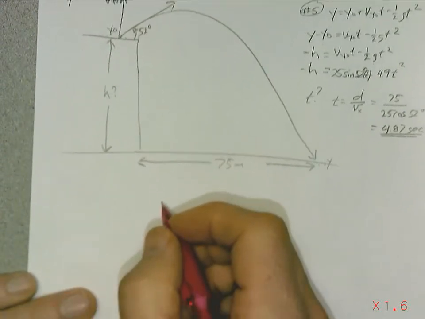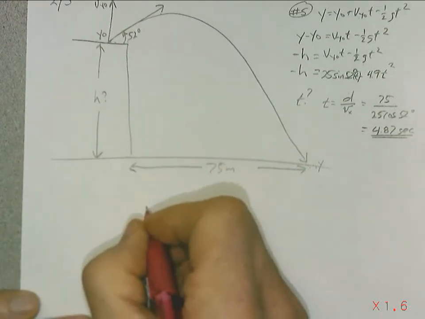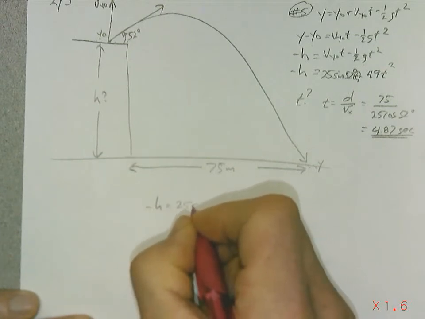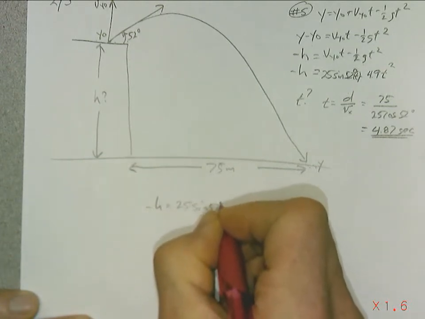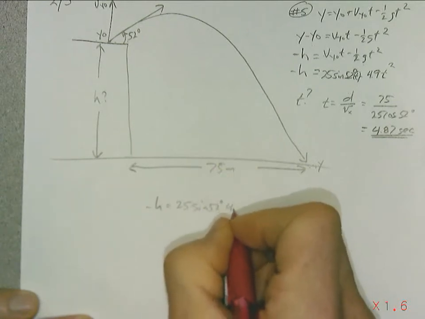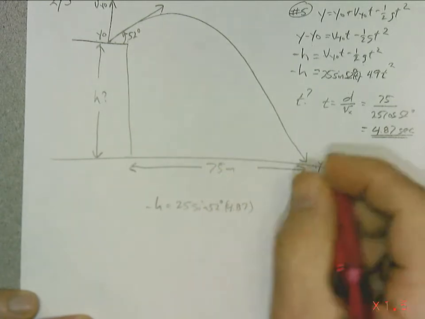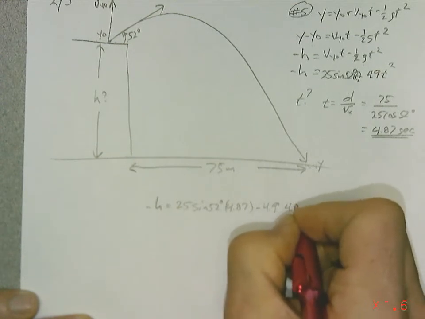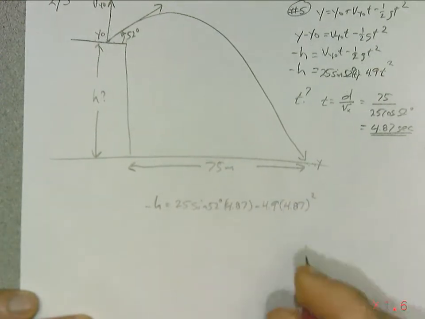So let's go ahead and finish it off then. So negative h is equal to 25 sine of 52 degrees times 4.87 minus 4.9 times 4.87 squared.